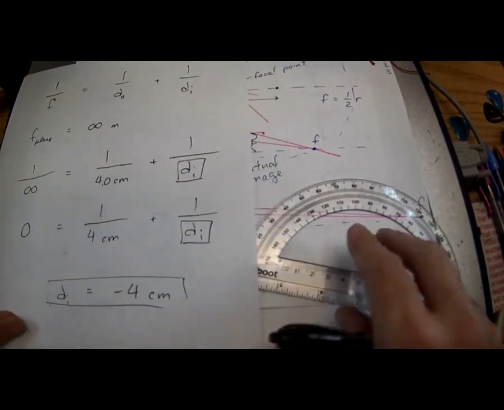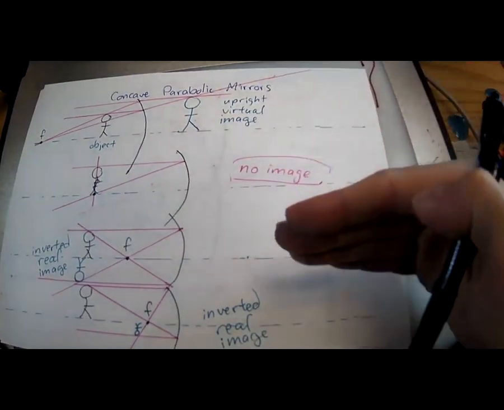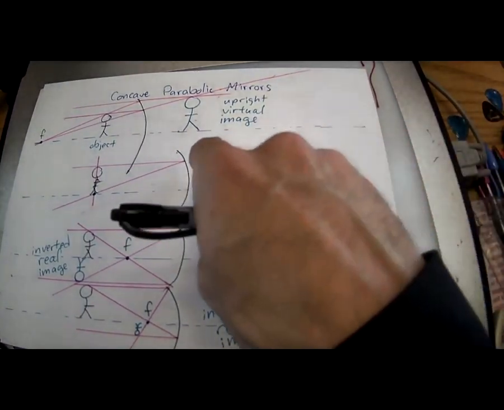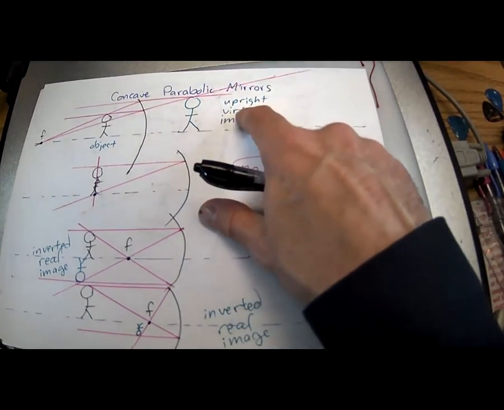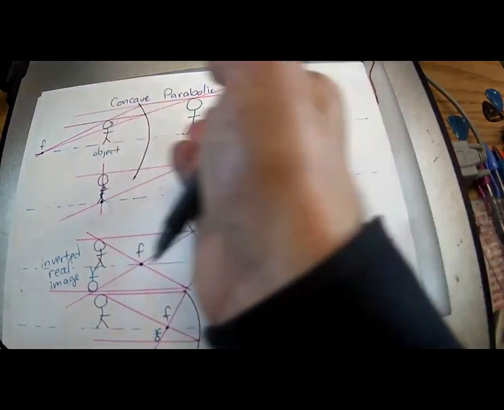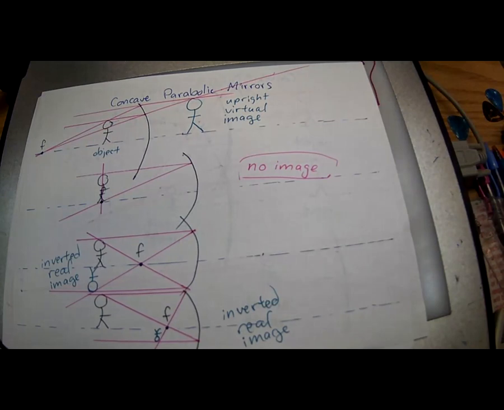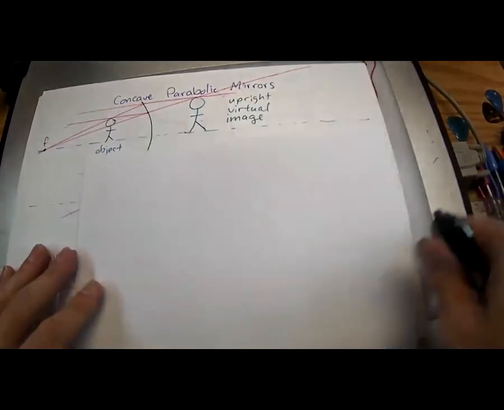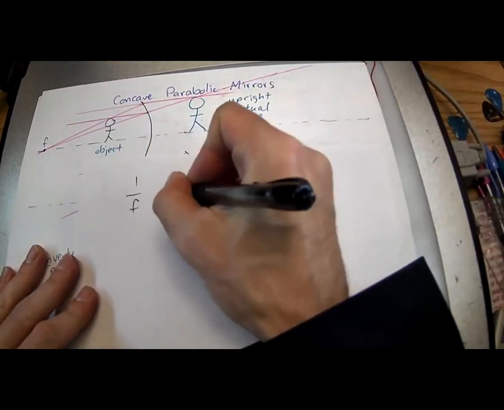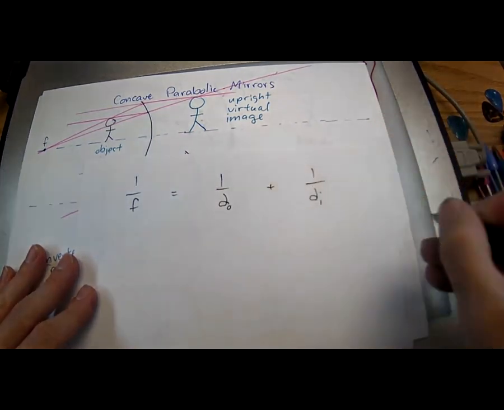Let's try one of these concave examples. Now remember, every single one of these scenarios worked out differently, so that was unique. Maybe I'll pick this top one just because you have a cosmetic mirror being passed around, so let's check this one out. 1 over focal length equals 1 over distance object plus 1 over distance image.